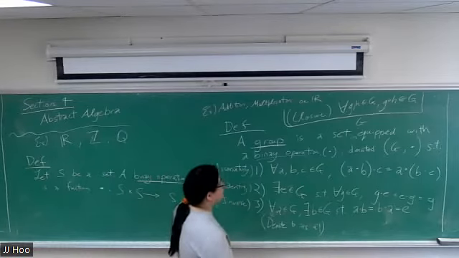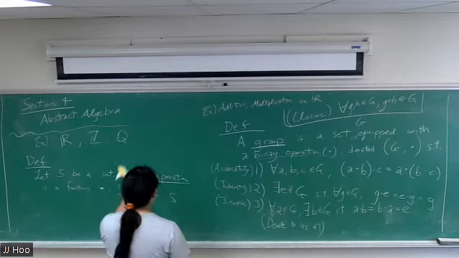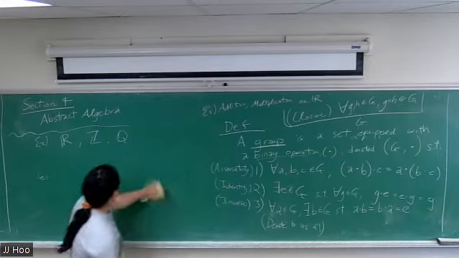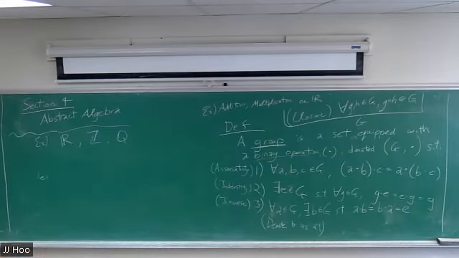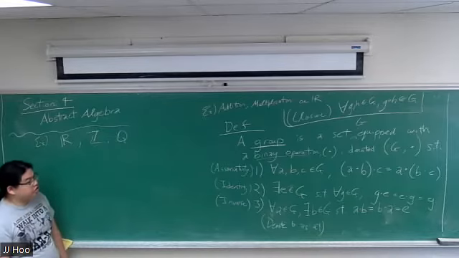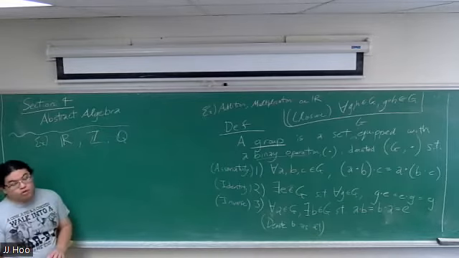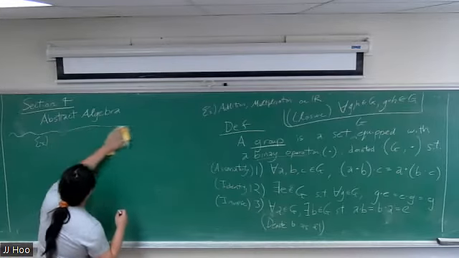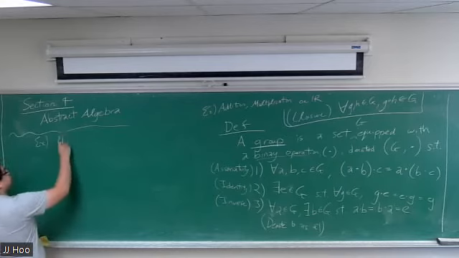So what are some examples of groups? Well, right here, we already have groups. We have the integers, the rationals, the real numbers. These are groups under addition. Now, instead of just writing these down, I have to be careful.